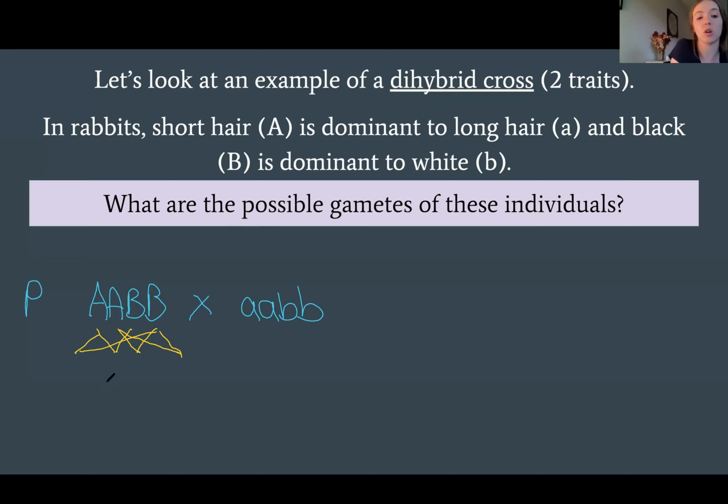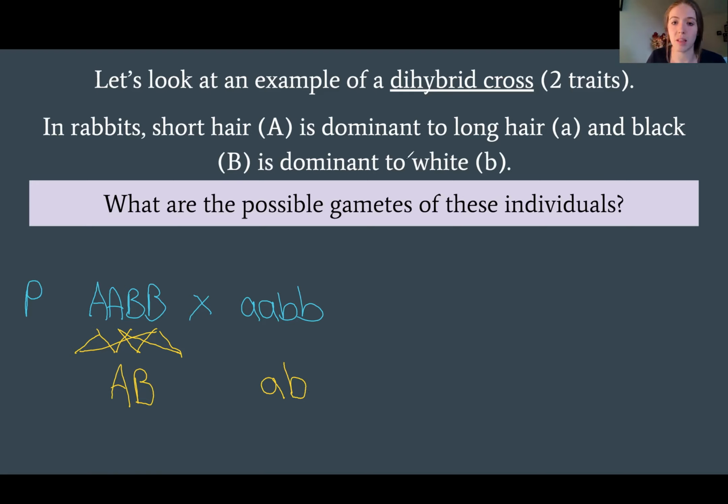So for this particular cross, all of those sperm and egg combinations are going to give you big A, big B, because that's the only thing that the parent has to pass down. Same is true for the recessive individual, who has little a, little b.